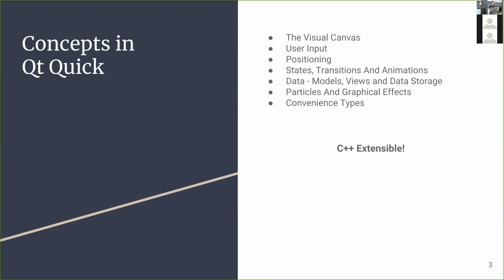So, as I said, here is a concept I took from the Qt Quick documentation. There is a visual canvas. You got a simple coordinate system, so basically you can put your components relative to the canvas.